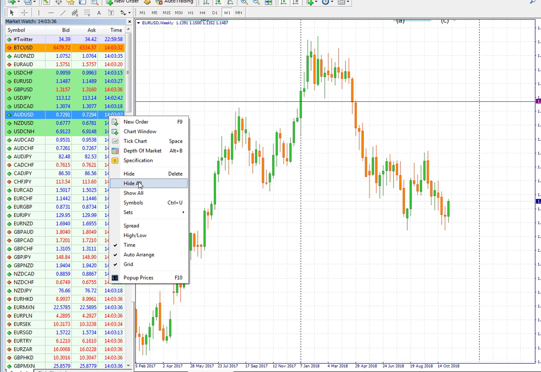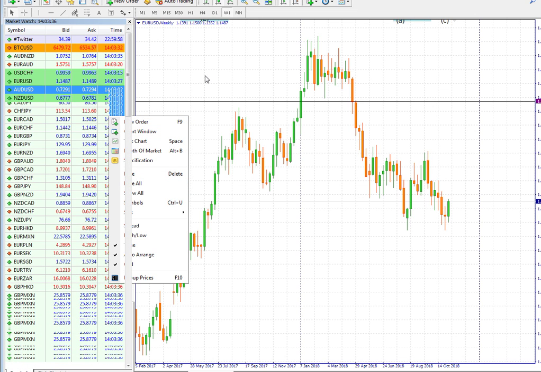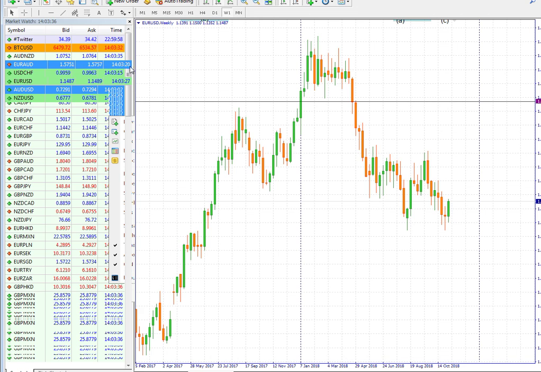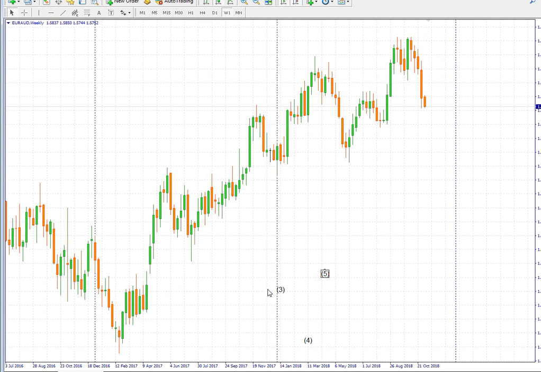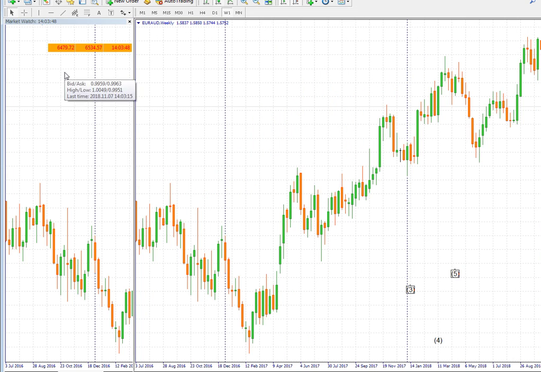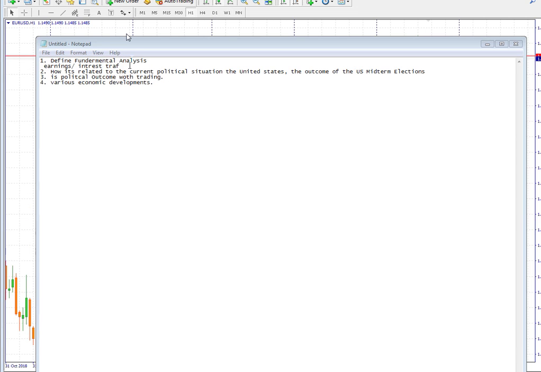Hide all. So on this one, you should load Euro USD. If you have a news that relates to earnings, and then it also relates to interest rates, then that's what to trade.